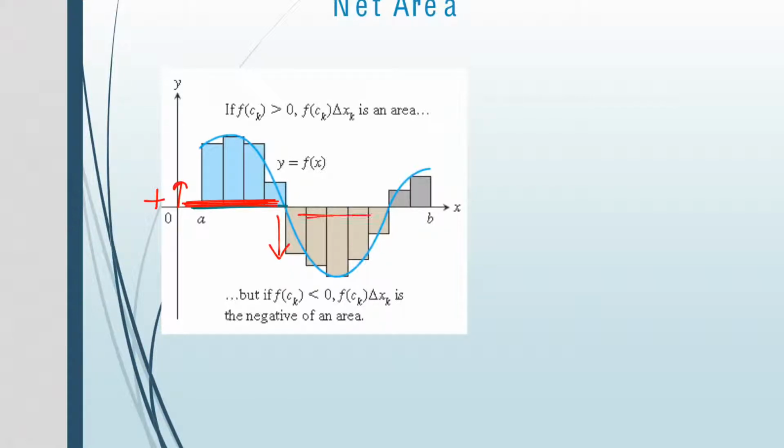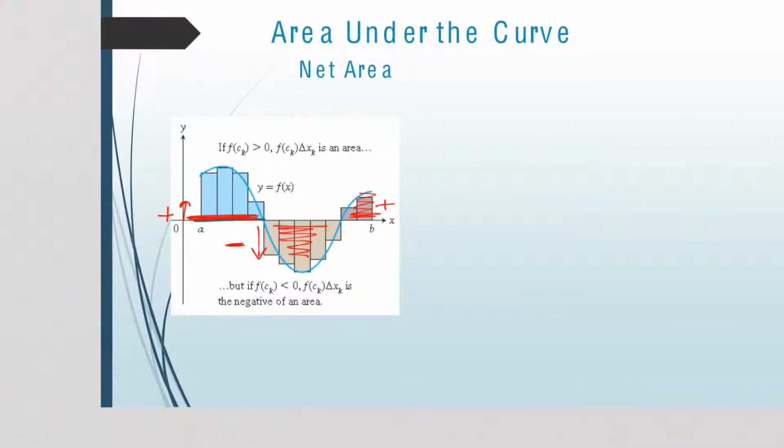All of the area below the axis is negative. And once again over here we have positive area again. Okay. So the area under the curve is actually referred to as the net area, because I'm going to take that positive area and add it to that negative area, and it's going to give me a little bit of a difference.